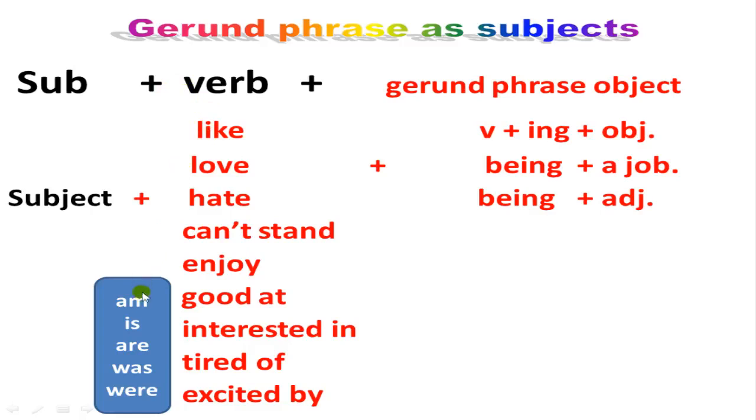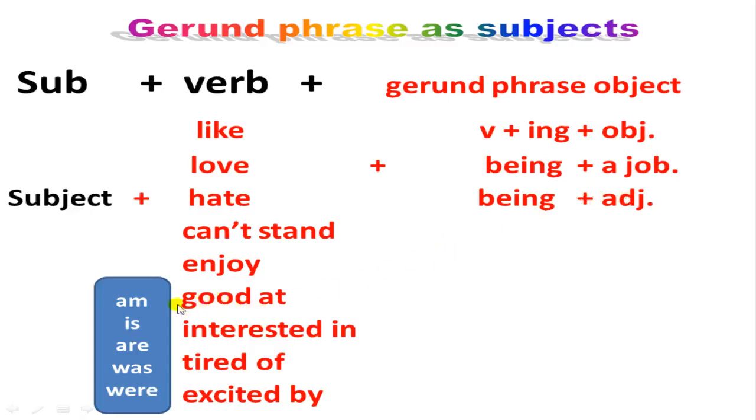Or I could have verb to be: am, is, are, was, were, plus adjective such as good at, interested in, tired of, excited by, plus verb plus ing, object, or being plus a job, being plus adjective.